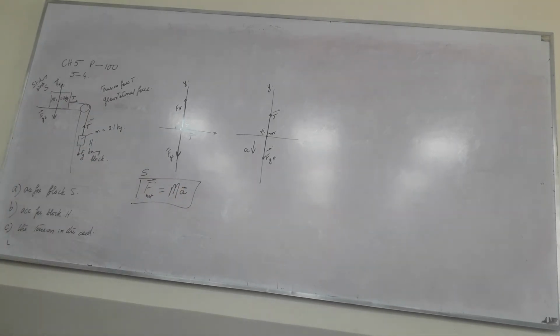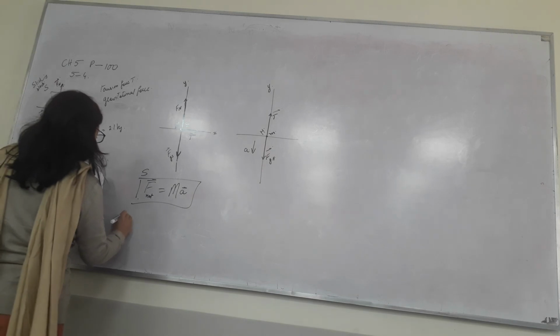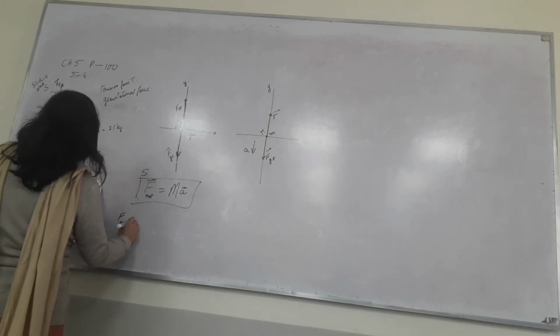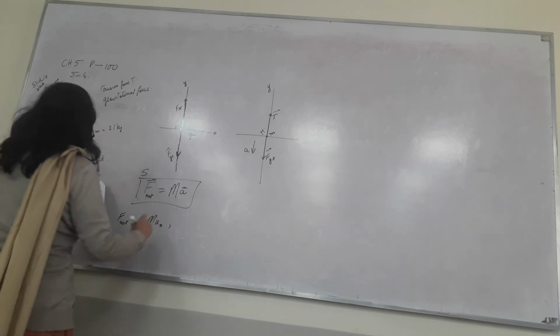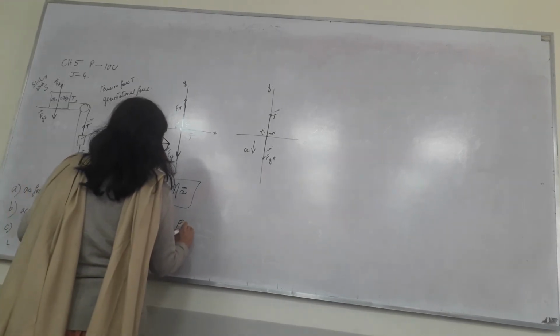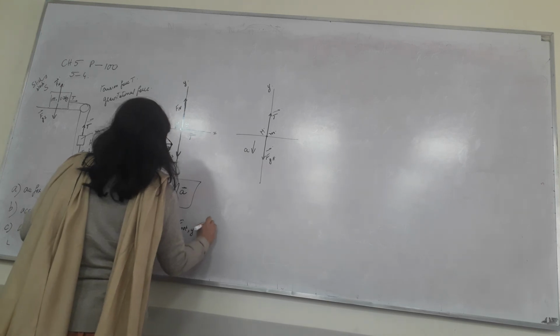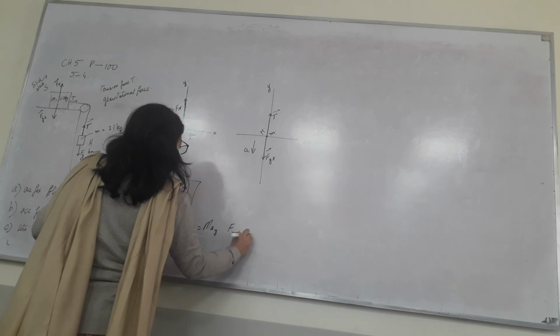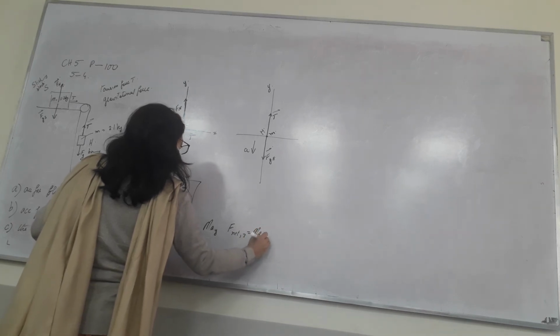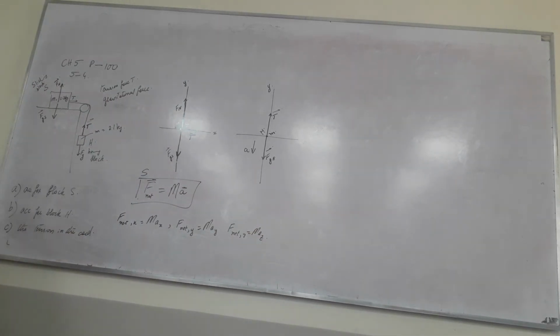Now this is the formula, but then we know that we have components in x, y and z direction like we studied before. So we can also write it in component form. F net x is equal to m a x, then we can write F net y is equal to m a y, and then F net z is equal to m a z.